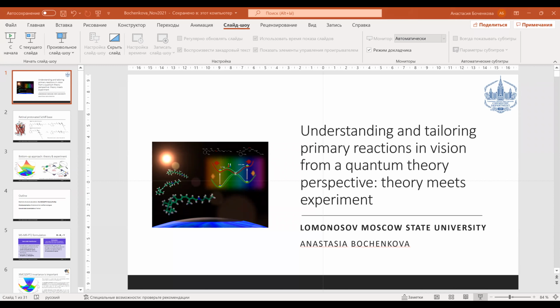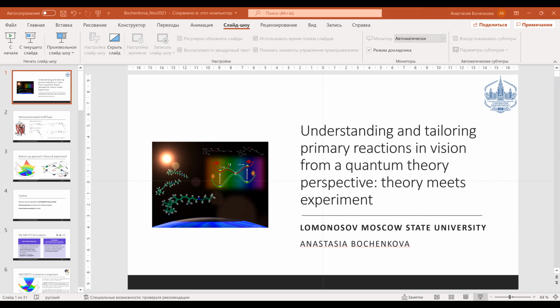So we have the retinal protonated Schiff base in both types of rhodopsins, but then the retinal in its all-trans form is found in microbial rhodopsins, while the 11-cis isomer is found in animal rhodopsins.